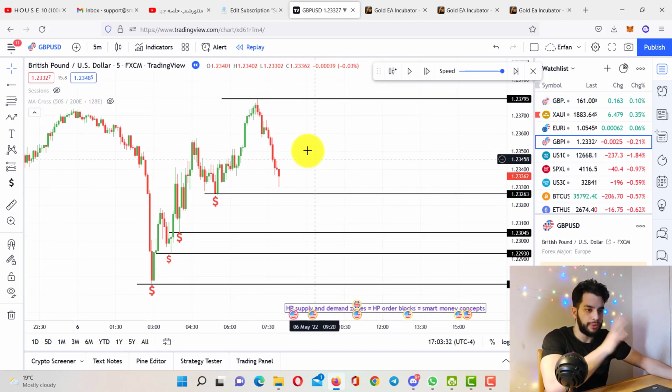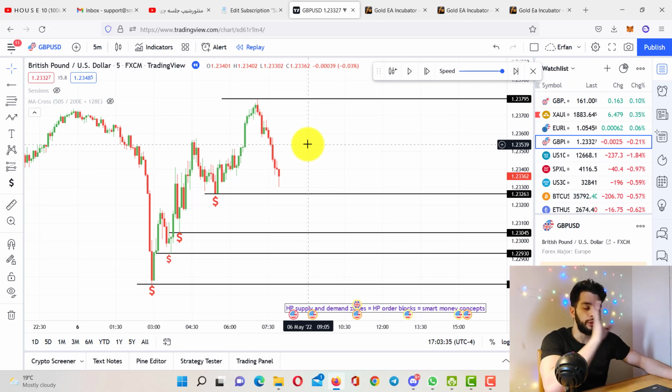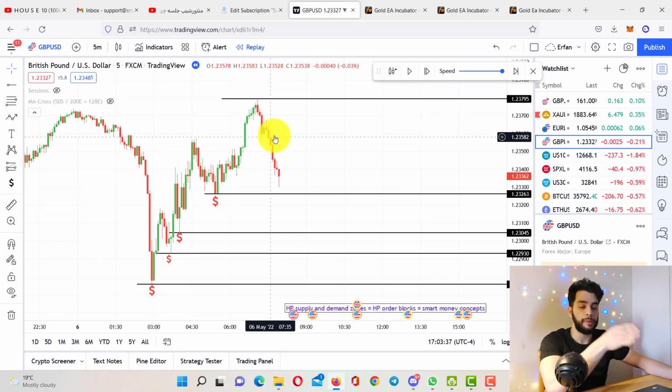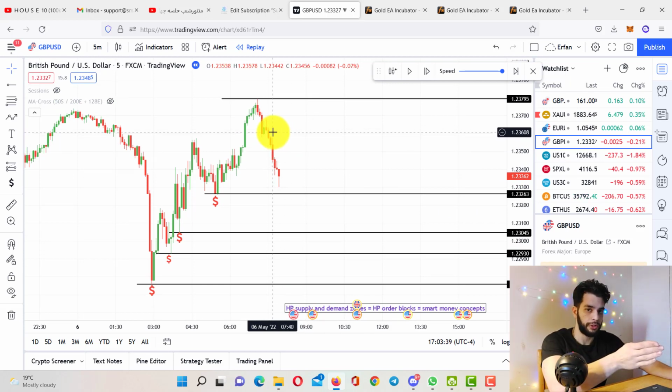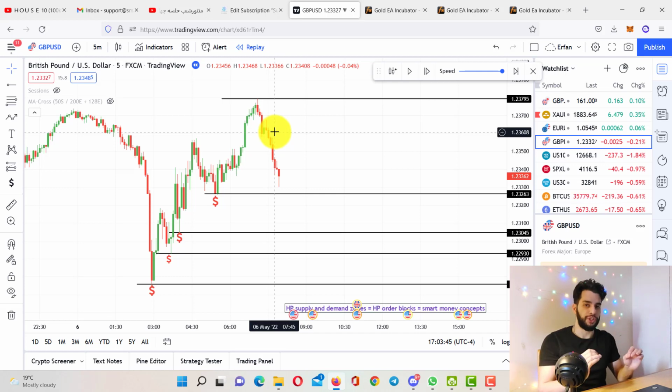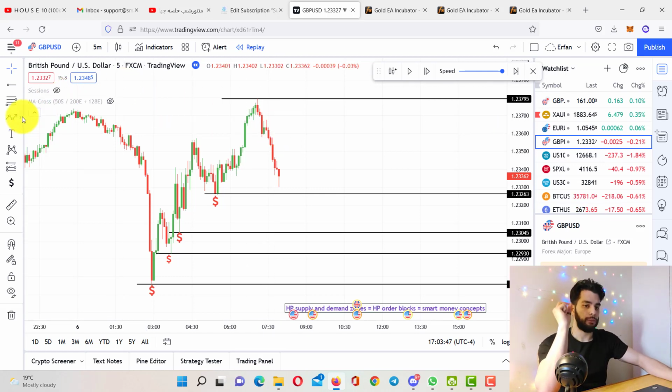So the reason we do that, as I said, is we want to predict where the market is trying to go towards, so we are ready for our TP. So we actually reverse engineer that. Instead of waiting for the price to hit your support level and then buy, you need to actually sell here, but not right here.